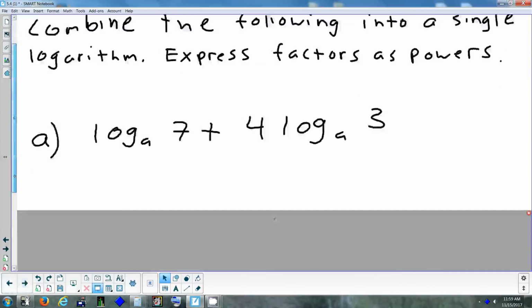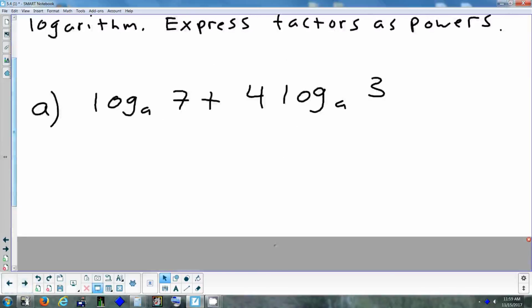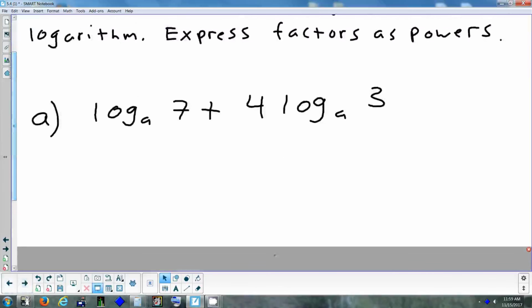The last one I'll do with you is just recombining it into a single log. So if you can split it apart, combining it is easier because at each step you have less stuff. You're simplifying it rather than complicating it. What would be the first thing you would do here?